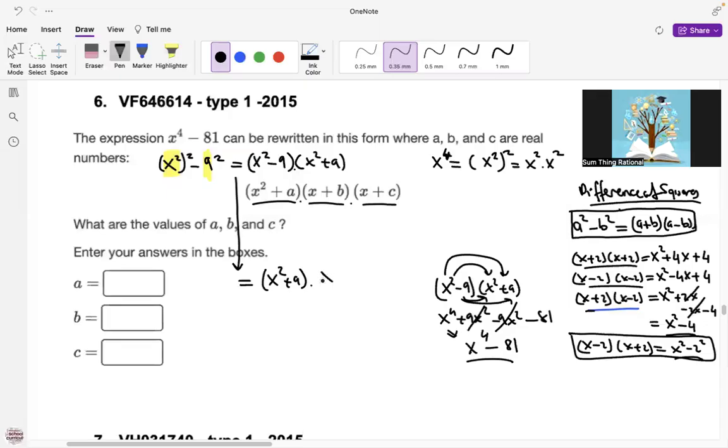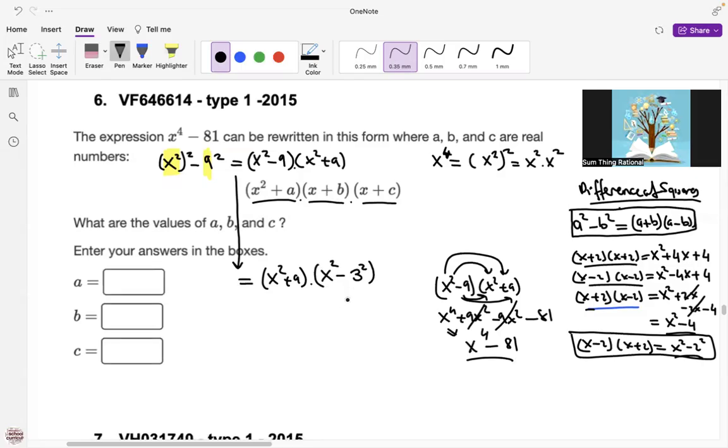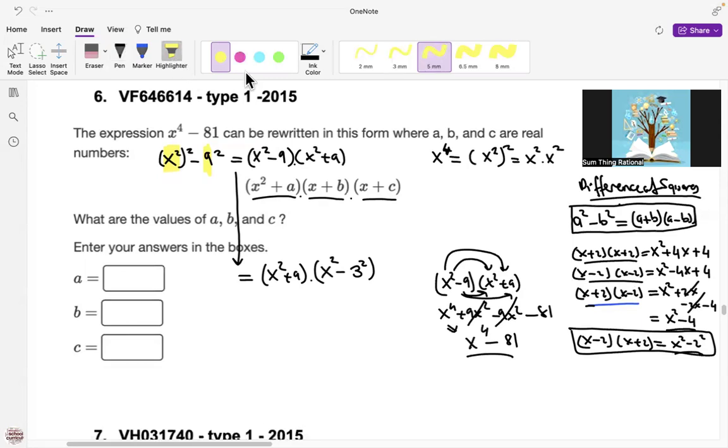Why is x squared minus 9 a square difference? Because 9 is 3 squared, okay? So there is another square difference here. So how can we expand x squared minus 3 squared? Without taking their squares, I write them as x minus 3 and x plus 3.